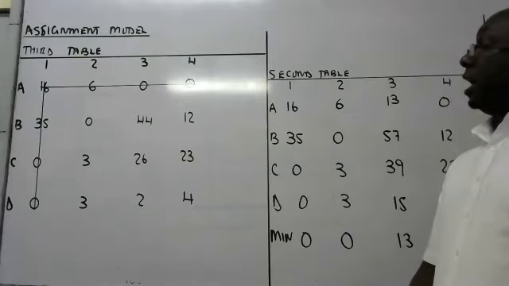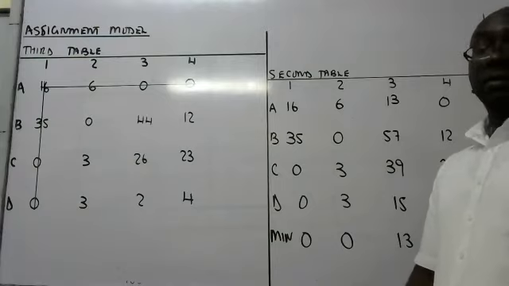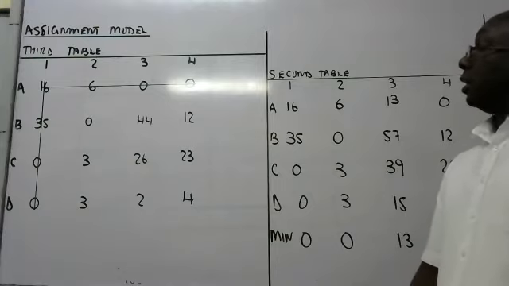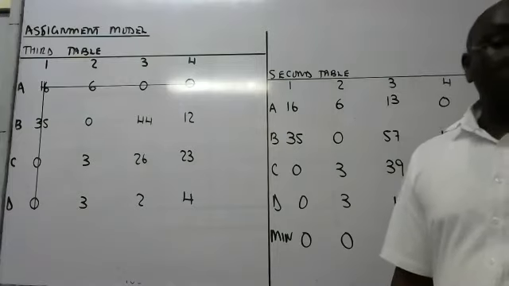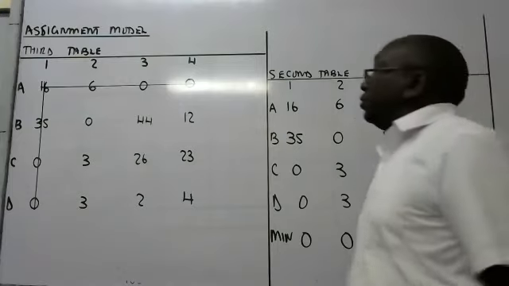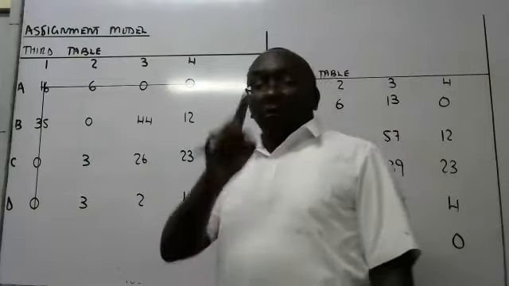So where else do we have a 0? Either column B, or rather column 2, or row B. Now you can choose. The objective here is to cross over all the zeros.